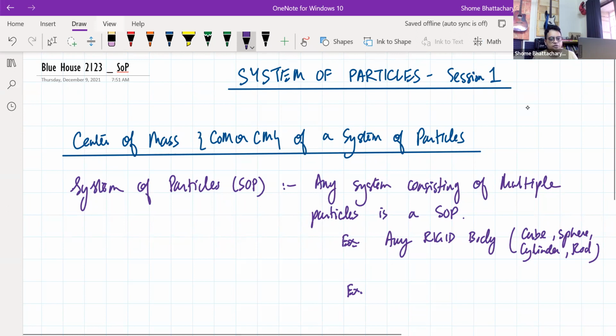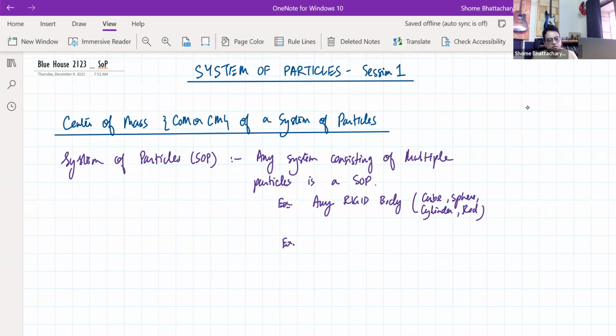So for example, it could be two particles joined by a light but rigid rod.